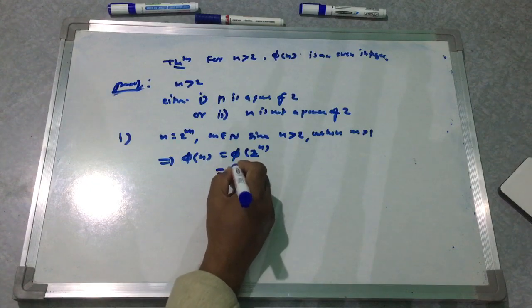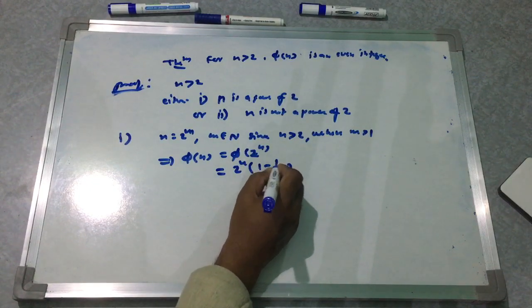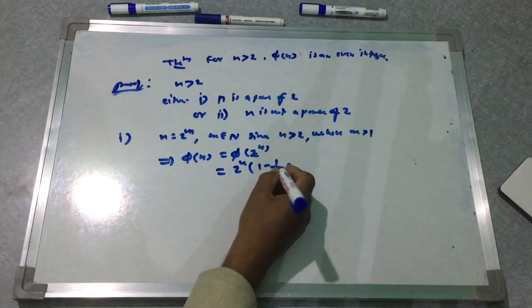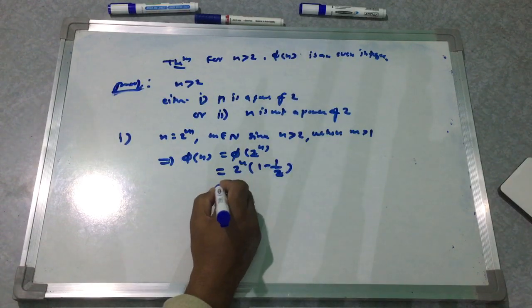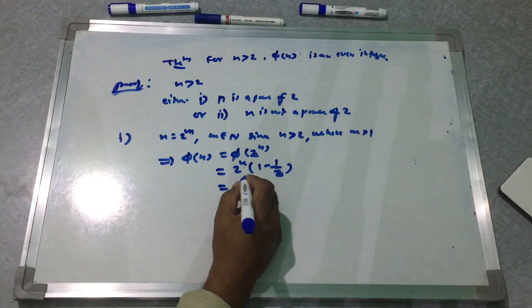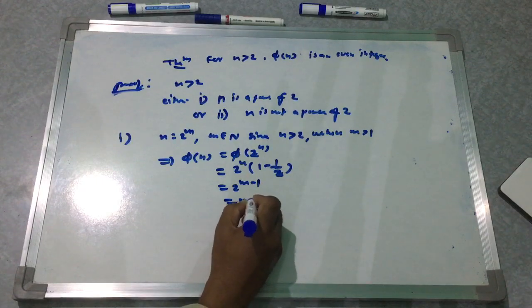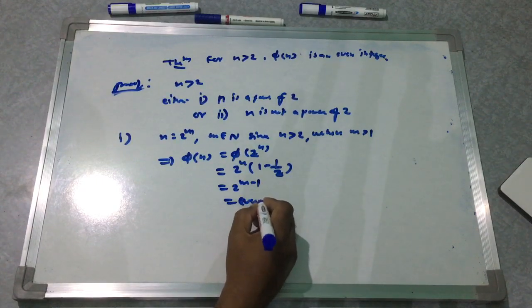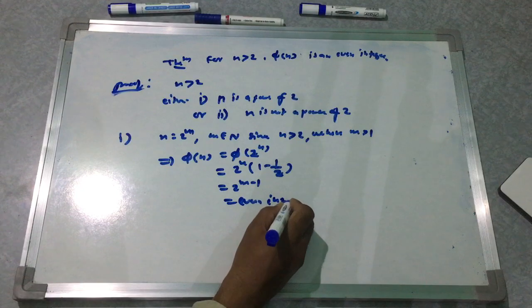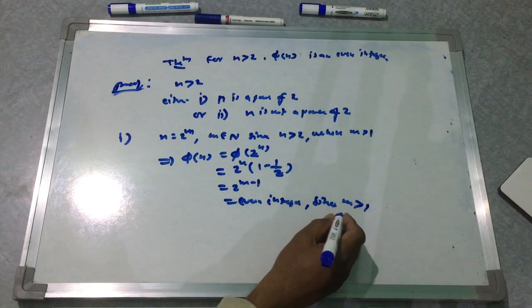This is equal to 2 to the power m into (1 minus 1 upon 2) by the theorem. This is equal to 2 to the power m minus 1, and this is an even integer, since m is greater than 1.